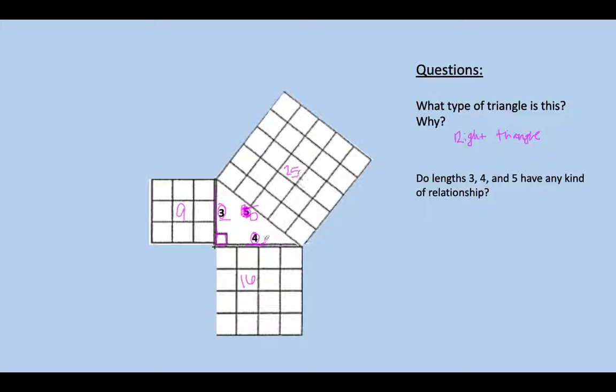So if we said 25 plus 16, well, obviously that's going to be more than 9. So let's go with the 2 smaller numbers. So 9 plus 16, what does that equal? Well, see, it's 25. What? That means that the square of this side and the square of this side added together equals the square of this side.